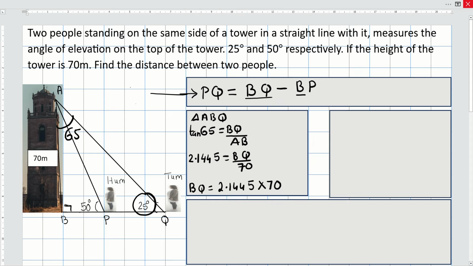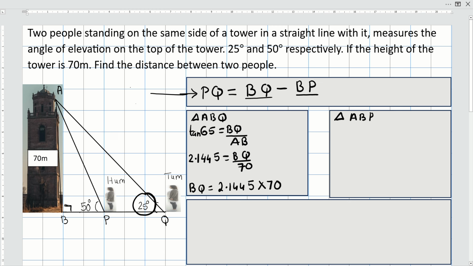Now let us tackle BP. BP is part of which triangle? BP is part of triangle ABP. Let us remove this 65, which is not required right now. We are going to tackle triangle ABP. Again, if I consider 50 degree, I won't be able to do my calculation easily, so I'll make use of complementary angle.